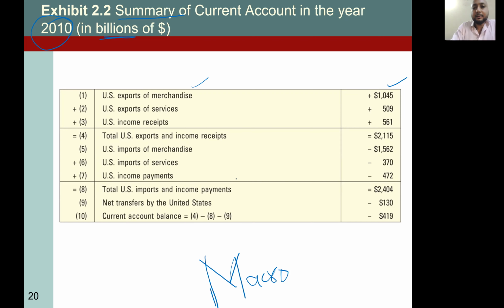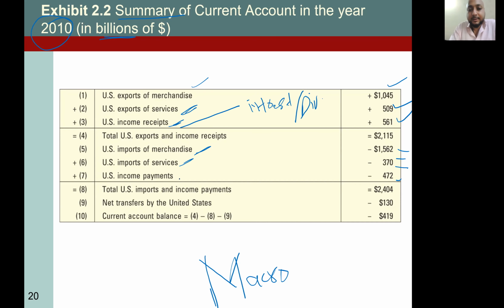$1045 billion, US export of services, US income receipts. So now you understand what is meant by services, what is meant by the income receipts. Income receipts means either you are receiving interest or dividend. And then you subtract all the cash outflow in the form of imports, import of services, and income payments.